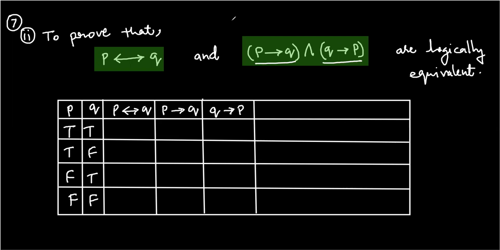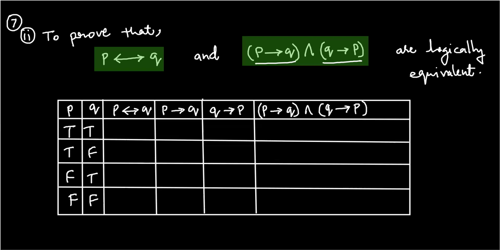This is also done. After that, finally, I will go for P implies Q and Q implies P. So we have completed all the required columns. Let's now fill this. Let's do the correct entries here.